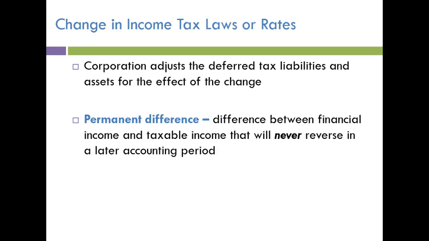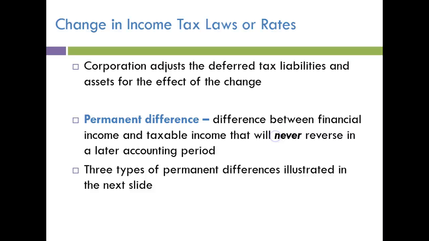Now, guys, so we've been talking about temporary changes. Temporary changes are those things that ultimately are going to reverse themselves or adjust themselves in future years. But now let's talk about permanent differences. Differences between financial income and taxable income that will never reverse themselves.